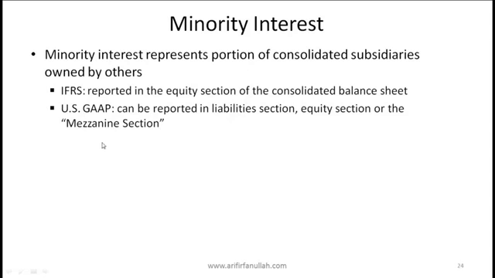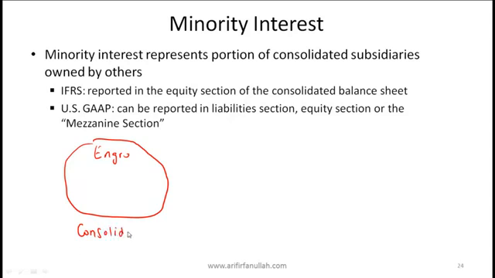So say you have a large company called Engro, which has several subsidiaries, and Engro reports its consolidated balance sheet. Now, one of the companies is a subsidiary called Safa Foods, and let's say that Engro owns 80% of this company.